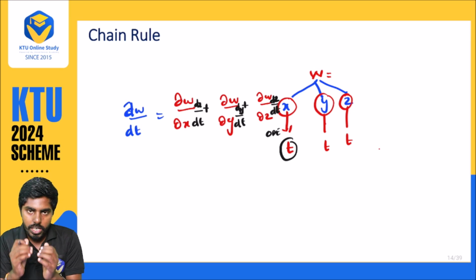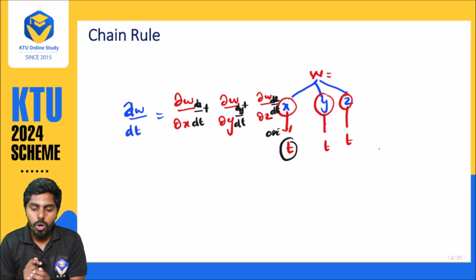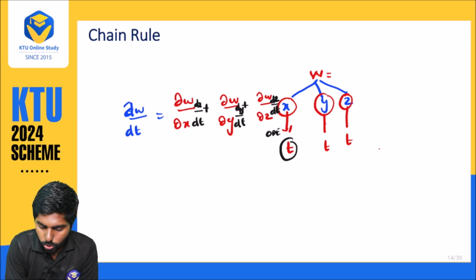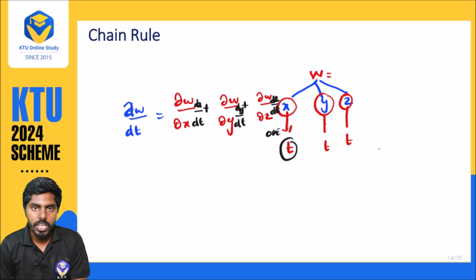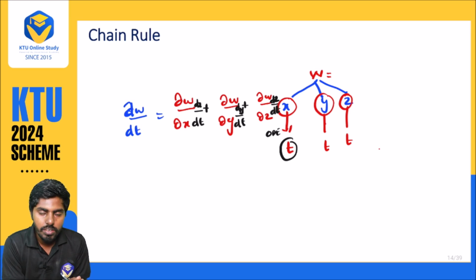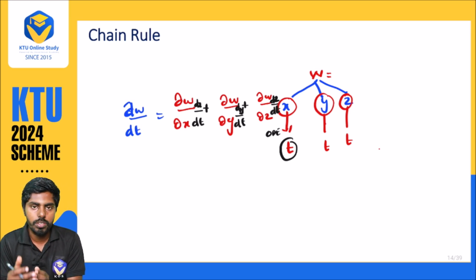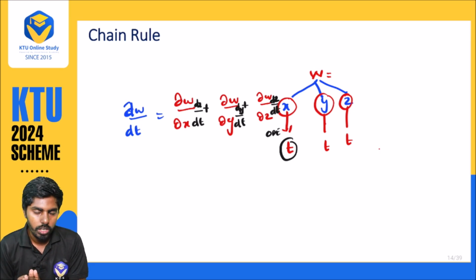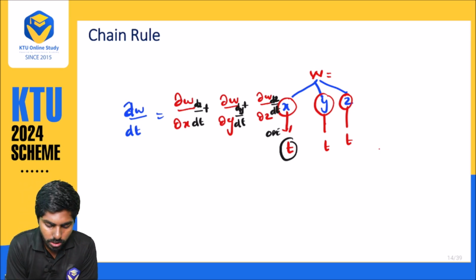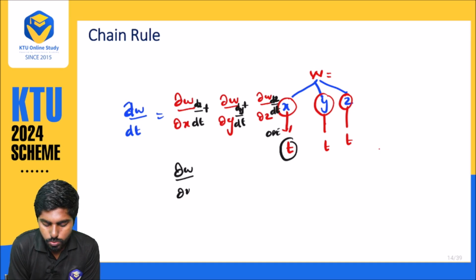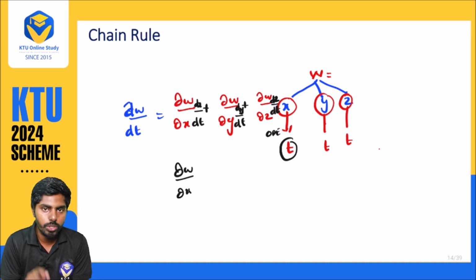So this is the way we want to draw a formula. Whenever they are giving a question, we want to draw this diagram. When we draw this diagram, we can understand whether w is depending upon a single variable or multiple variables. Based on that, we can form a formula, then we can solve. Here dou w by dou x is the partial derivative with respect to x.